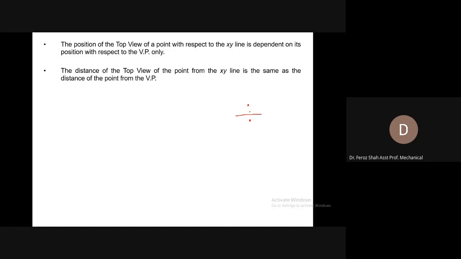And if the point is within the vertical plane, its top view will also be within the XY reference line. So the positioning of the top view is dependent on the positioning of the point with respect to the vertical plane.